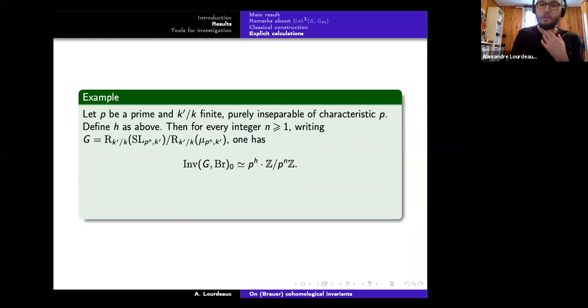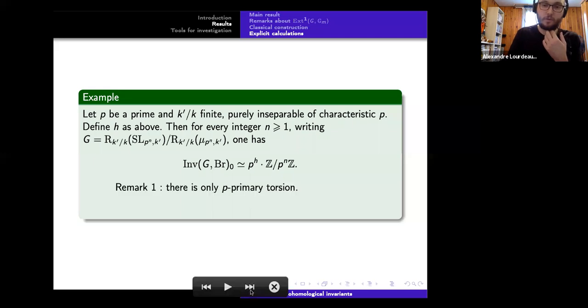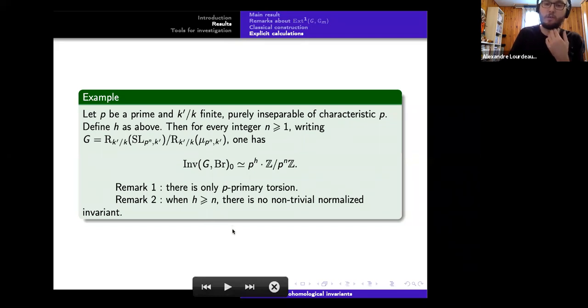So this leads to two remarks. First, there is only p-primary torsion. And the second is that if h is large enough, there is no non-trivial normalized invariant for G.